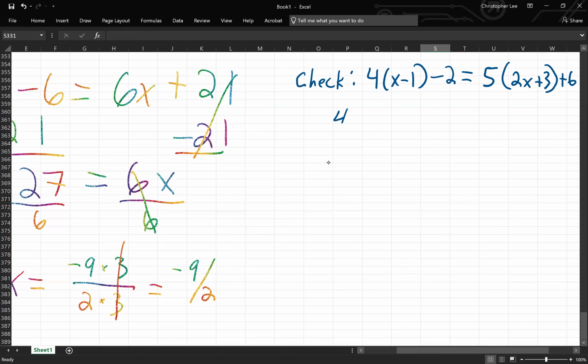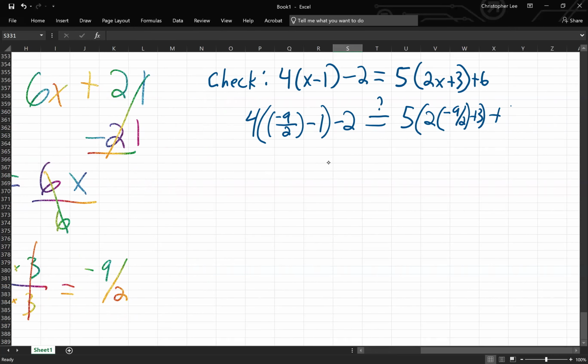So 4 times -9/2 minus 1, minus 2. Allegedly, that's equal to that side. 5 times 2 times -9/2 plus 3 plus 6.